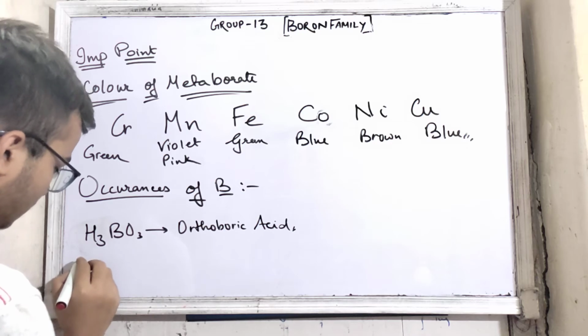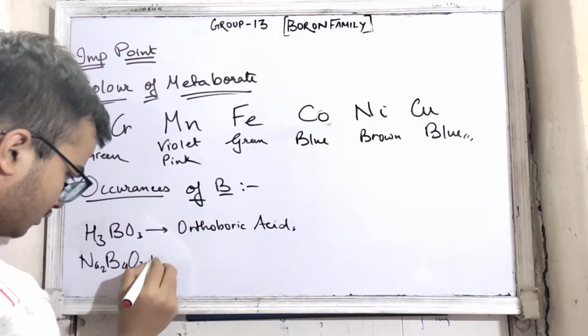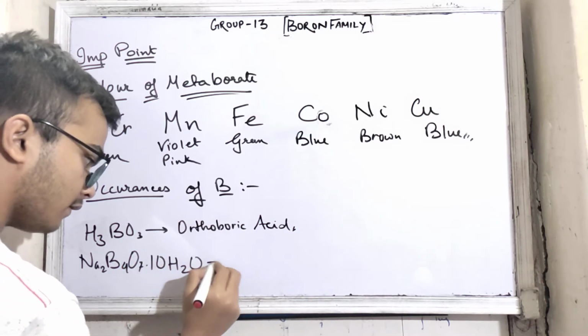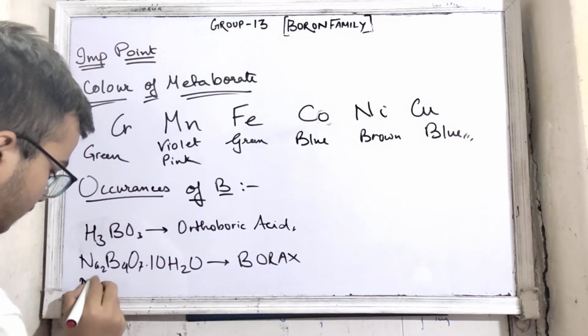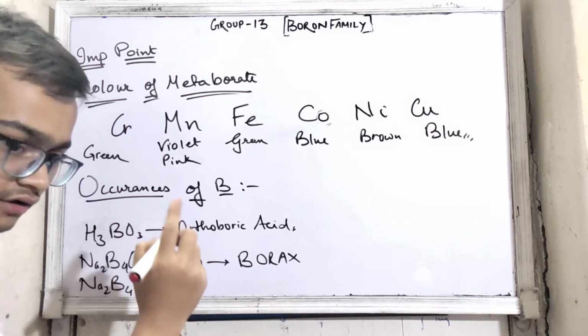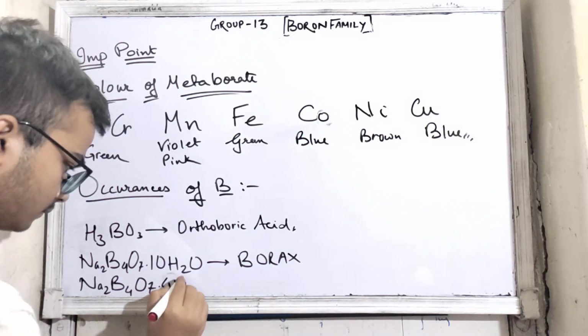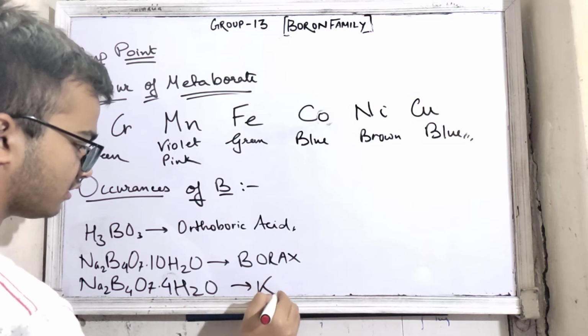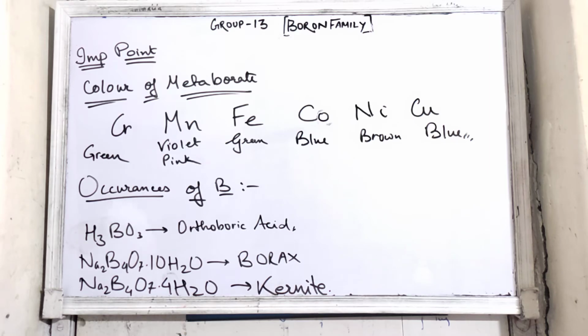So this was the first. Next we have borax, Na2B4O7.10H2O. This is borax. Next we have Na2B4O7.4H2O, this is called kernite. So these are the occurrences of boron, in which form you can find it in nature.